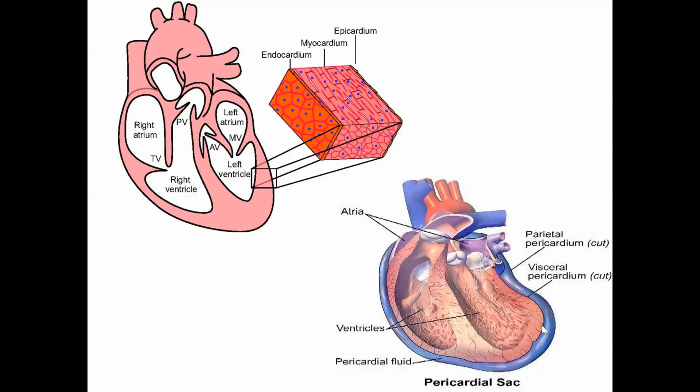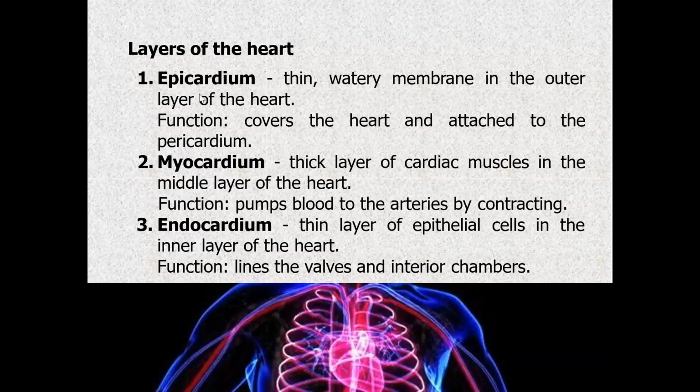Si pericardium, ang nakadikit sa kanyang layer ng heart ay si epicardium. So class, para hindi kayo malito, pag sinabing epi, it means outer. Epi means outer. That's why siya yung outermost covering of the heart.